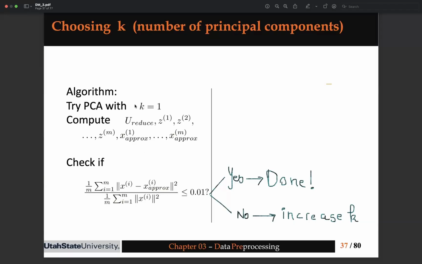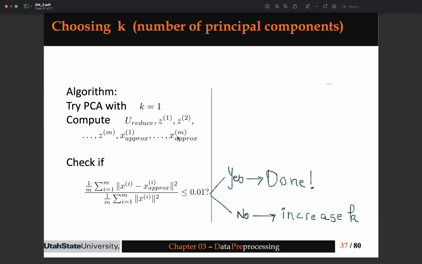We increment k, and we just increase the number of components with k equal to 2. All right, now we do the same thing with x in 2D, and after reapproximating x in the original space using the z's and the u reduce, can I now achieve 99% of information being kept? If it's the case, then I am done, and I use k equal to 2, right?